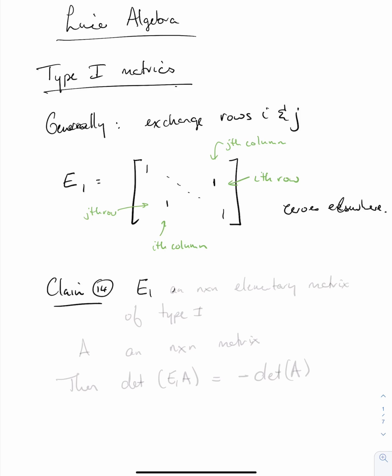If E1 is an n by n elementary matrix of type 1, and A is an n by n matrix, then the claim is that the determinant of E1 times A is equal to negative the determinant of A. Left multiplication by a type 1 elementary matrix will negate the determinant of a matrix.